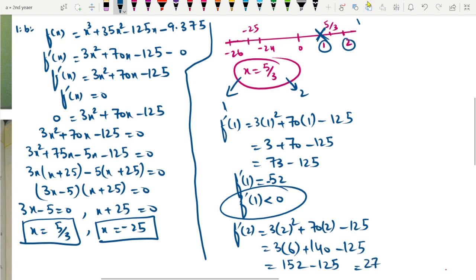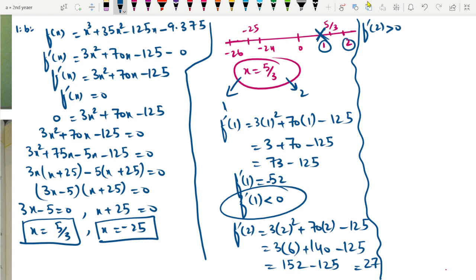So f prime of 2 is greater than 0. So at this point the function is increasing. For values of x greater than 5 divided by 3, the function is increasing.